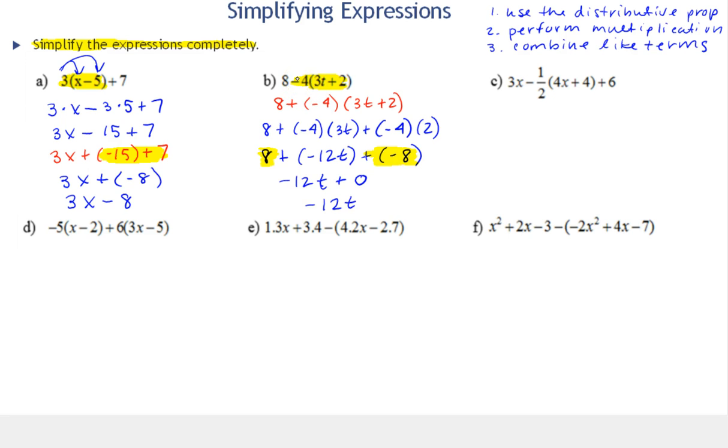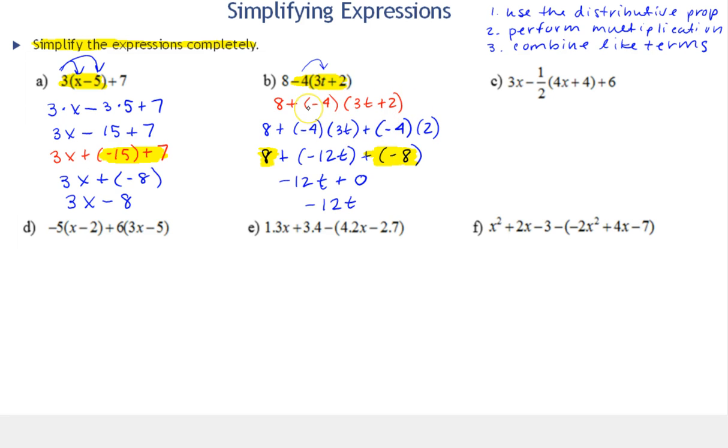I see negative 4 times 3t is negative 12t, and negative 4 times 2 is negative 8. Okay. What can be problematic is, make sure that if you do that, sometimes people leave out the addition sign here, okay, and turn it all into multiplication. Okay, so this can just be a little bit confusing.